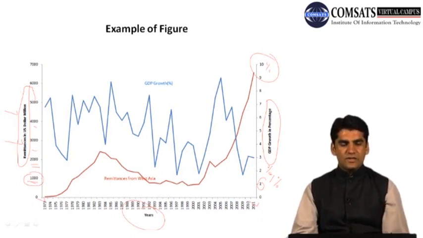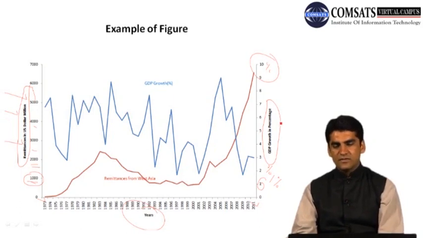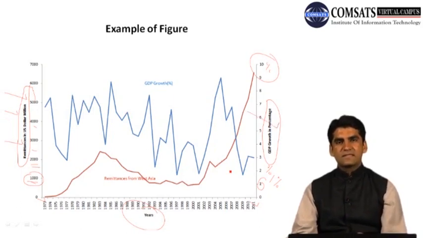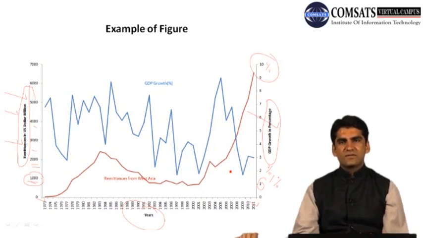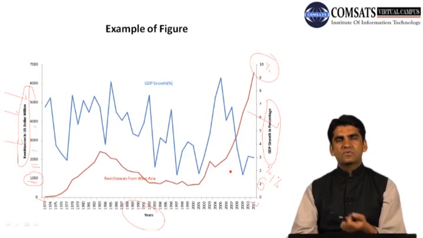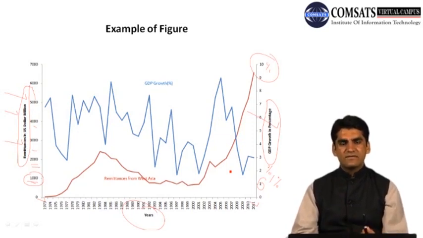So one unit we have in million dollars, the other unit is in percentage. So how can we plot them together? In Excel there is a simple command which you can use. Of course I'm not going to tell you the command, you can search it by yourself using Google or YouTube. It can be easily found, or maybe some of you might know it.